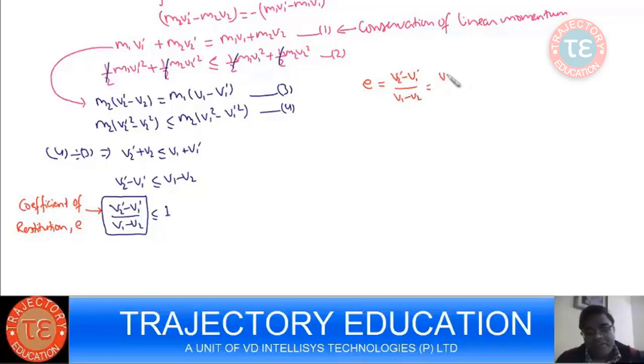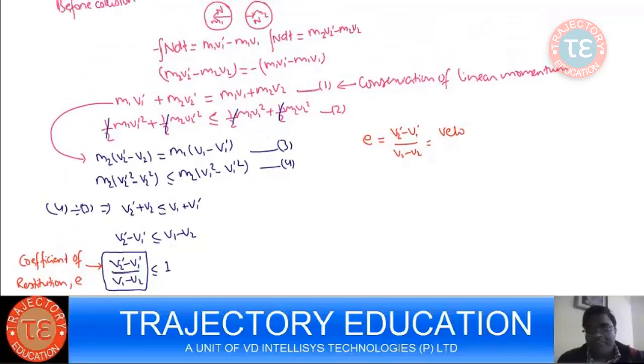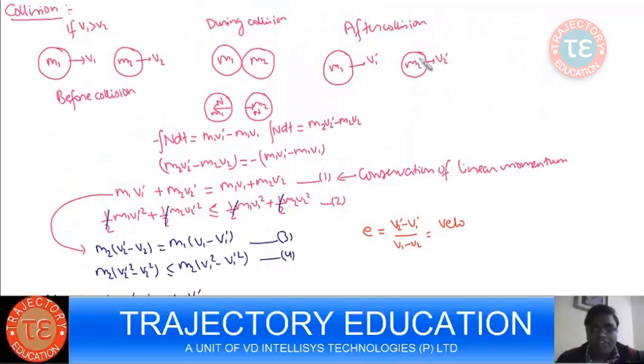The numerator is the velocity with which the two particles are getting separated. The difference in the velocity tells you the rate at which the separation of the two particles is increasing. Whereas V1 minus V2 tells you the rate at which the separation is falling, the rate at which the two bodies are approaching each other.